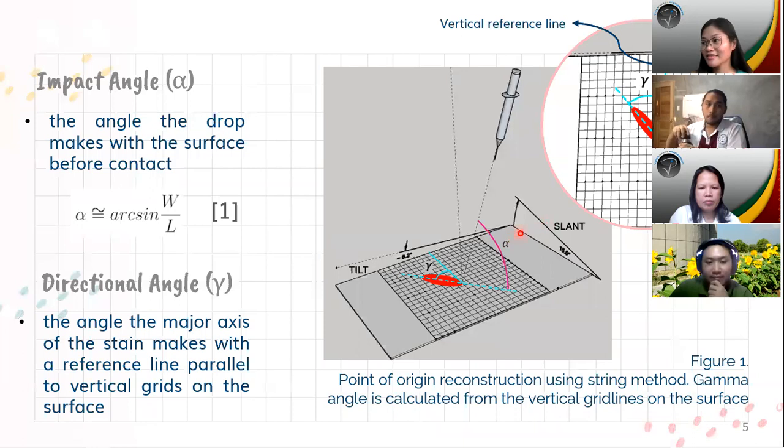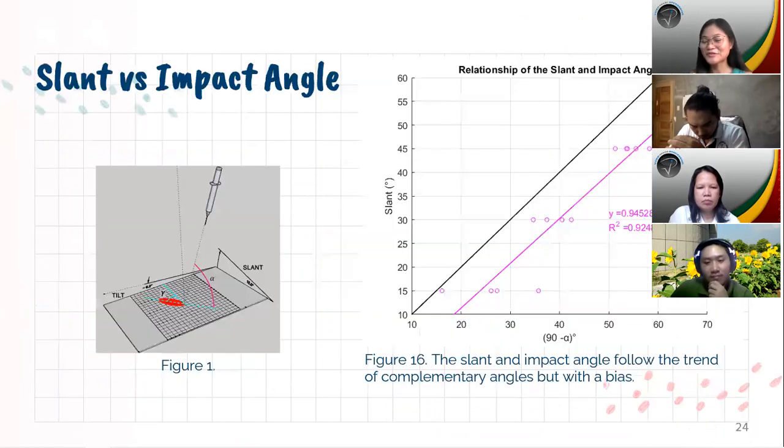For future studies, you can interchange them, pero you have to note that it's different. The slant would affect the impact angle as shown here, na they are complementary. However, for the tilt angles, I was not able to establish the relationship with the gamma angle because I used very small tilt angles. Okay, sige, thank you.